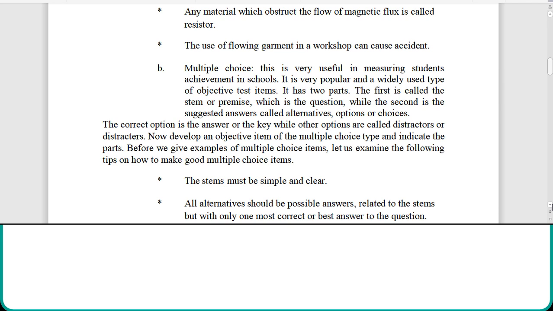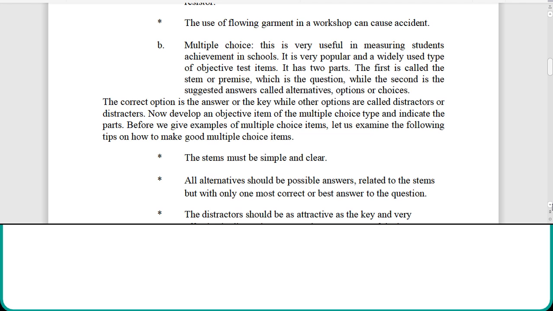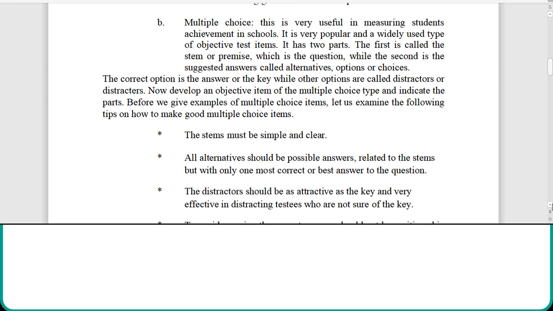The first is called the stem or premise, which is the question, while the second is the suggested answers called alternatives, options, or choices. The correct option is the answer or the key, while the other options are called distractors. Now develop an objective item of the multiple choice type and indicate the parts.